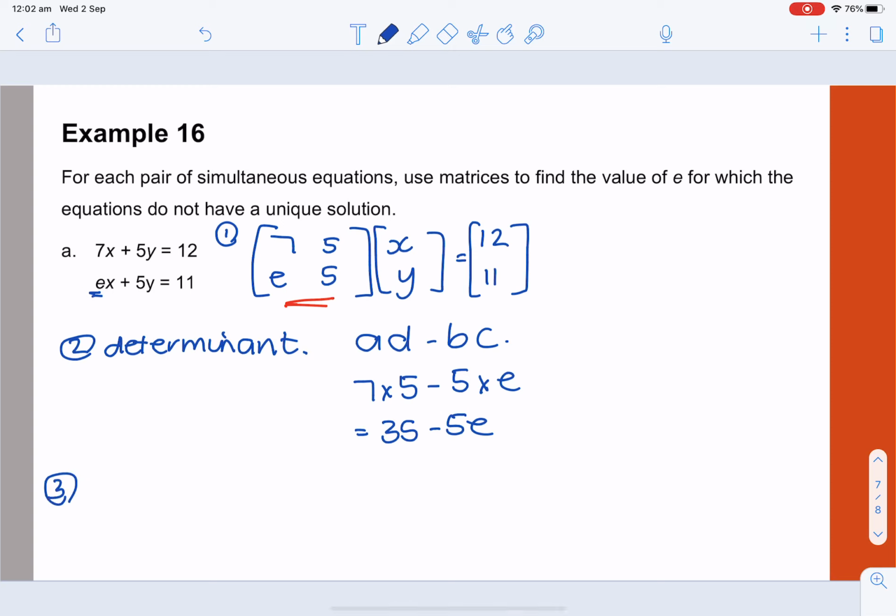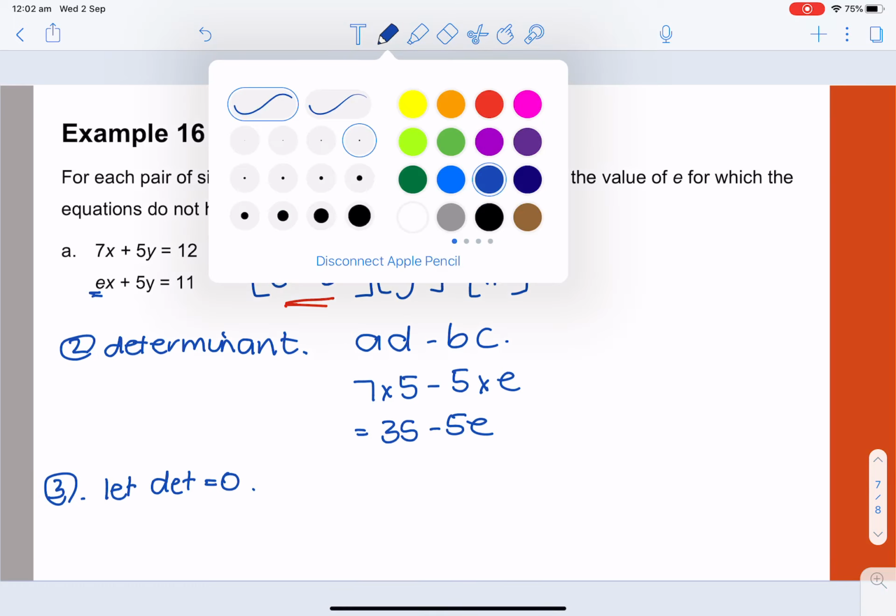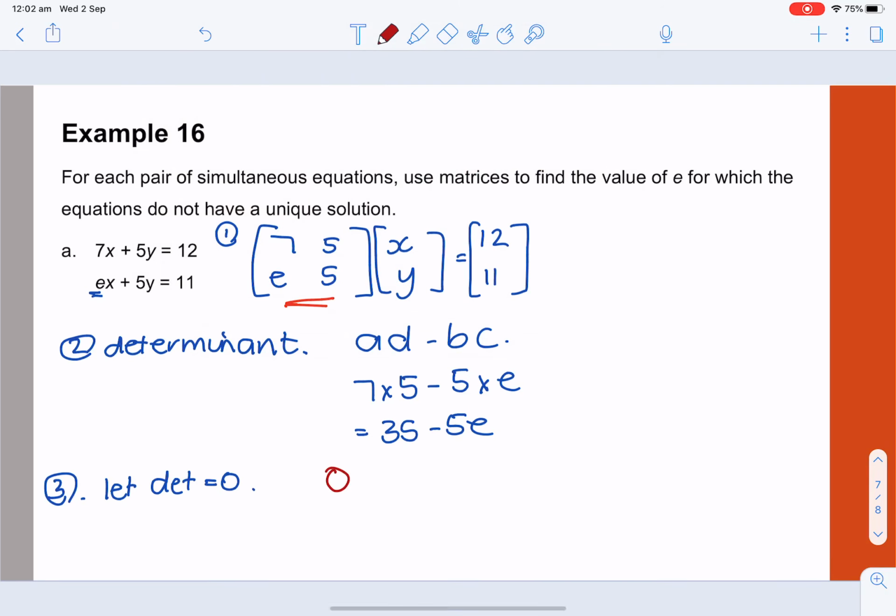So step 3 is let determinant equal 0. Then we can solve. I'm going to change colours here so we can see the difference. Let my determinant equal 0. That means that this is equal to 0. So 35 minus 5e is equal to 0. And then I solve for e.